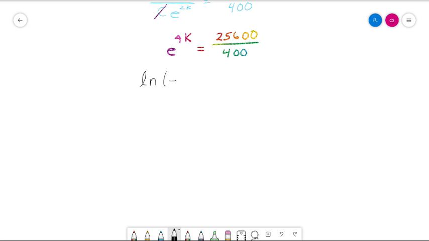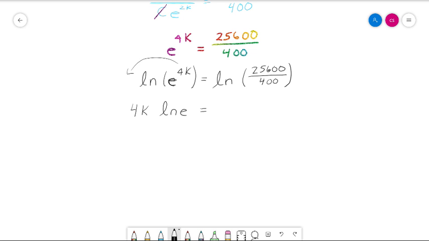So I'll do the natural log since the base is e. I'll match the base. Take the natural log of both sides. And I do that because that brings the variable down in front. And natural log of e is just 1.